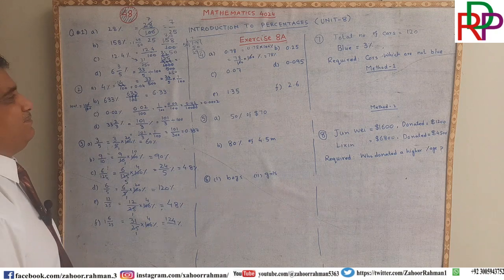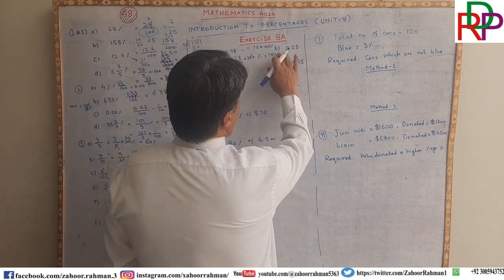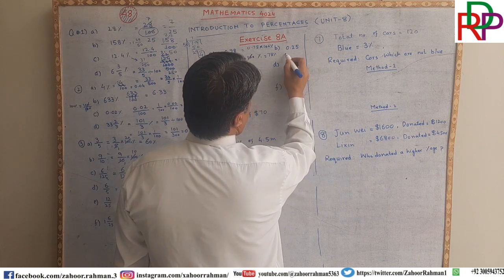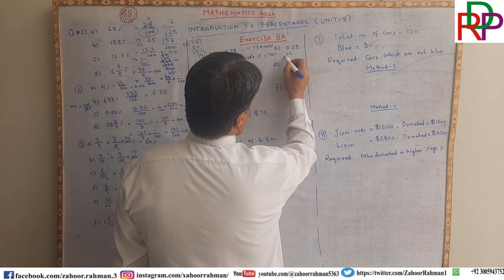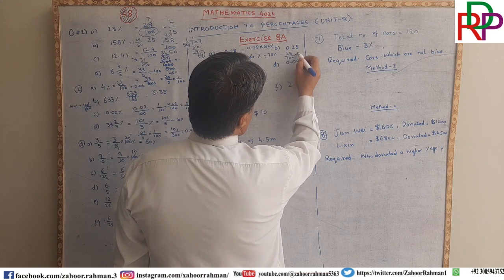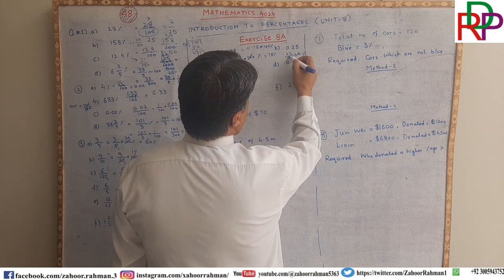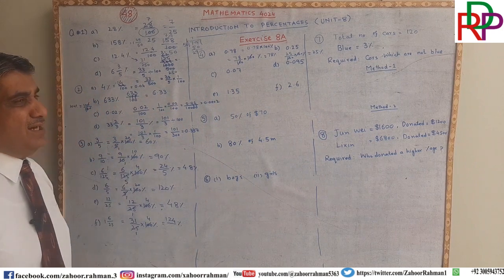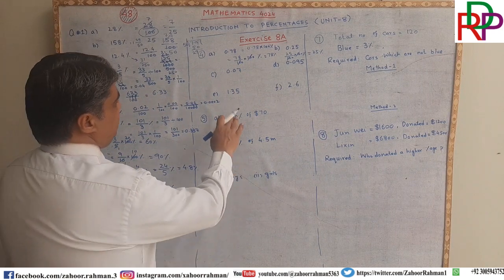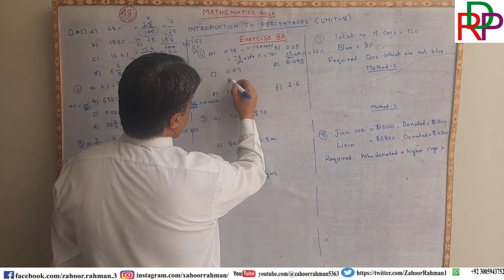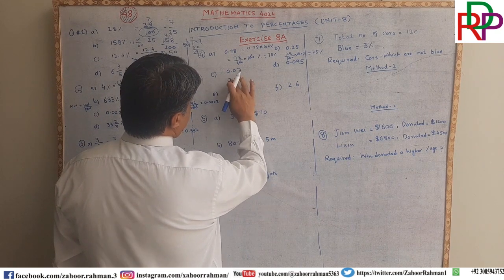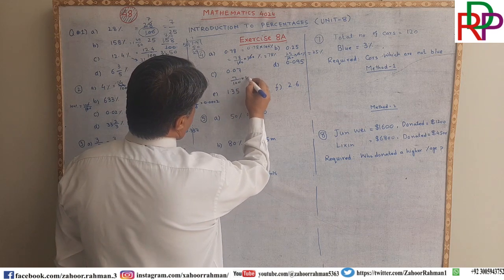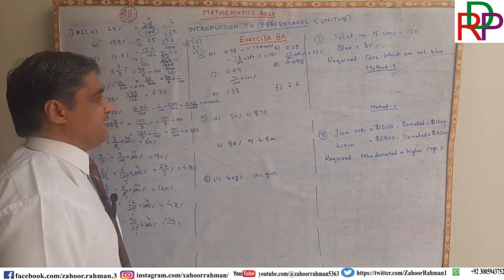0.78 means 78%. Now the B part is saying 0.25, so we have to introduce 25 over 100 and 100%. So this and that, 25%, is the answer. Now 0.07, first we have to remove the decimal, and it will be 7 divided by 100 multiplied by 100%.